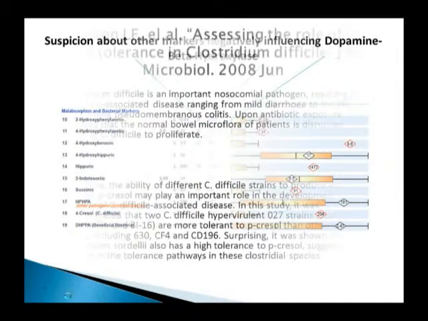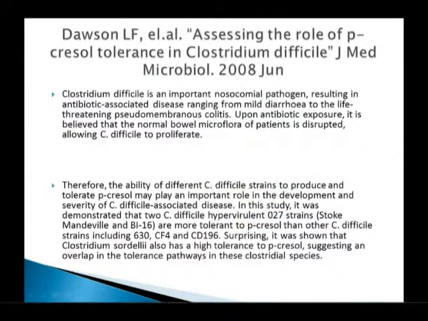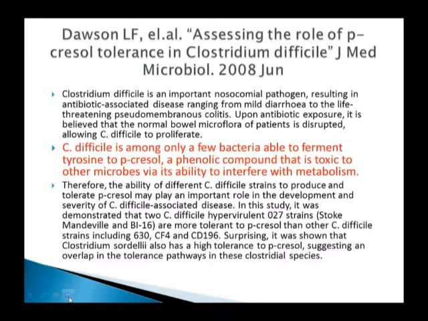Here is the article that was really talking about the aspect of Clostridia difficile and the 4-cresol. So why is Clostridia difficile producing cresol? It turns out, as they're stating here in red, Clostridia difficile is one of a few bacteria that can take the tyrosine and convert it into this toxic compound.